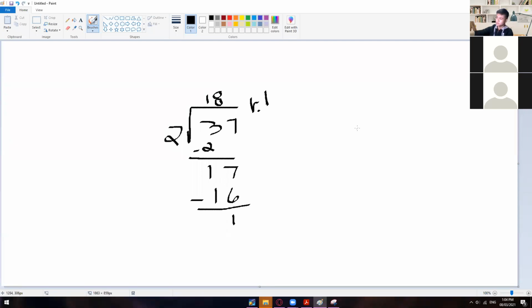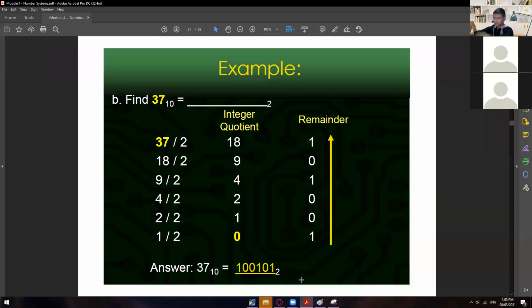Miss Dulay, are you still there? All right, okay then. Or you can just simply use your calculator, okay? So if you guys are going to use your calculator, 37 divided by 2 is 18.5, right? So just get the fraction part. So 0.5 multiplied by our divisor. 0.5 times 2 is equal to what?